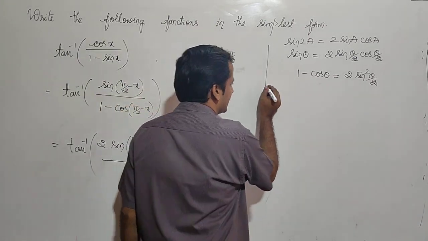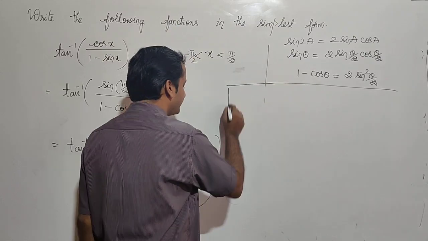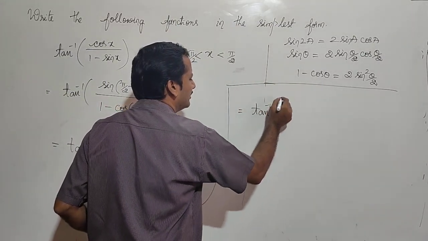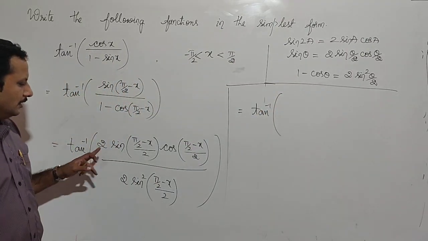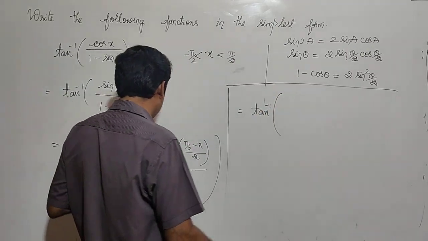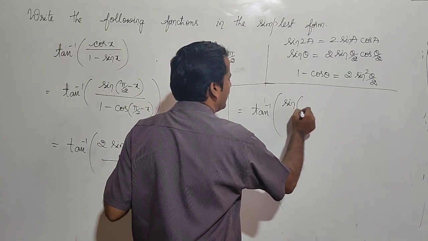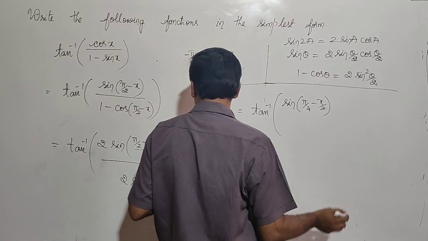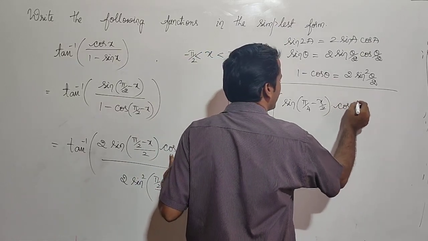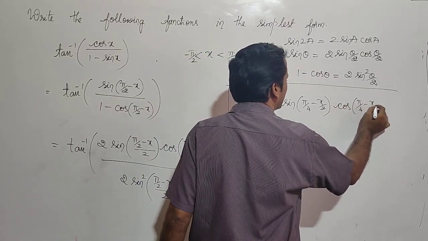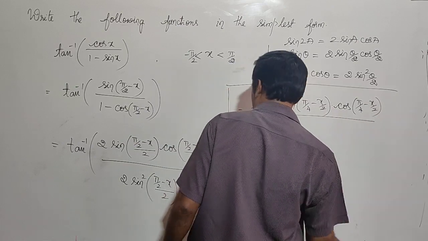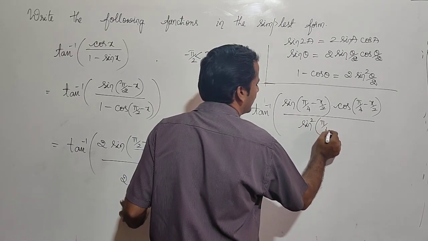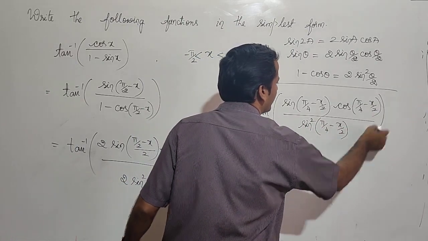Okay. Next, I will continue here. This is equal to tan inverse of, now 2 gets cancelled. This will become sine pi by 4 minus x by 2 into cos pi by 4 minus x by 2, divided by the denominator, which will be sin square pi by 4 minus x by 2.